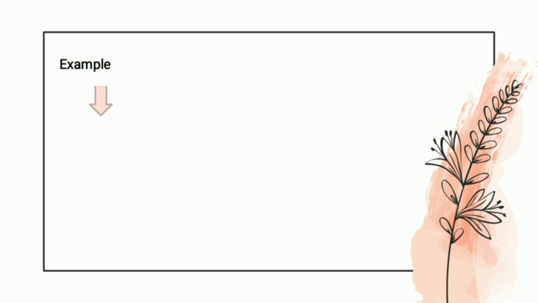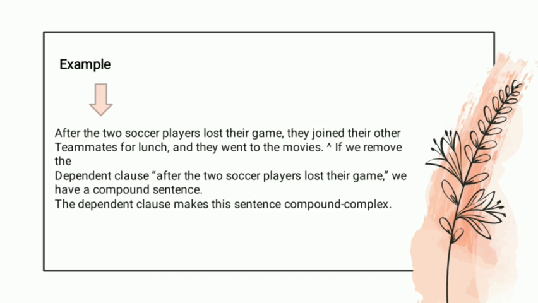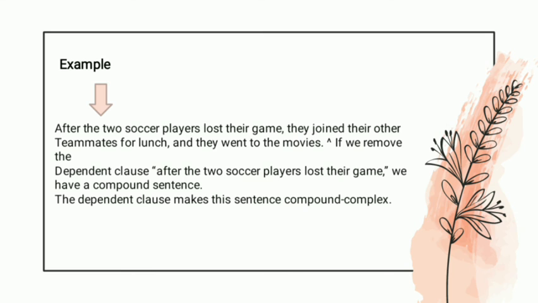For example, after the two soccer players lost their game, they joined their other teammates for lunch, and then went to the movies. If we remove the dependent clause, after the two soccer players lost their game, we will have a compound sentence. The dependent clause makes the sentence compound complex.